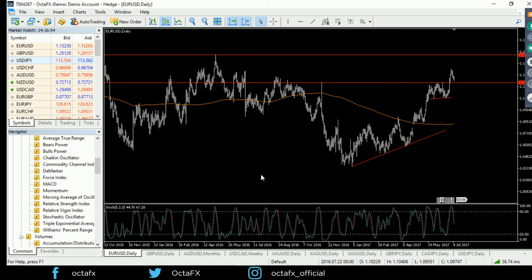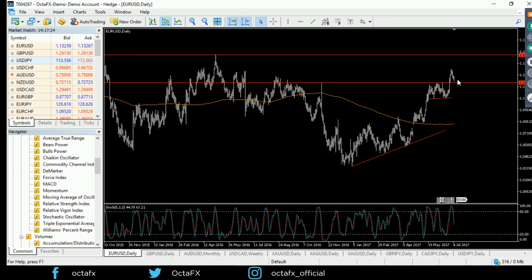Finally, let's move over and look at the euro against the dollar. We can see that price has retraced to this important horizontal level here, which was a prior level of resistance and is now likely to come into play as a level of support. Up above this prior high, back from February, provides a level of resistance to the upside.